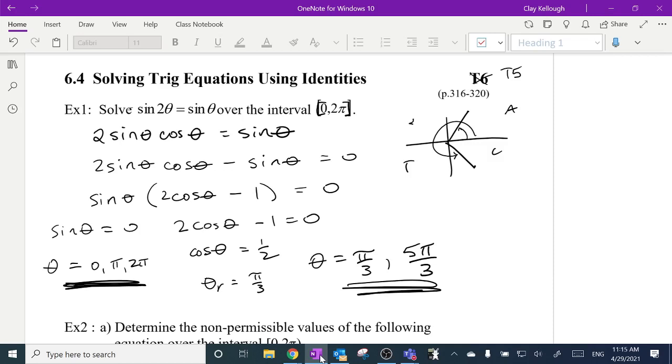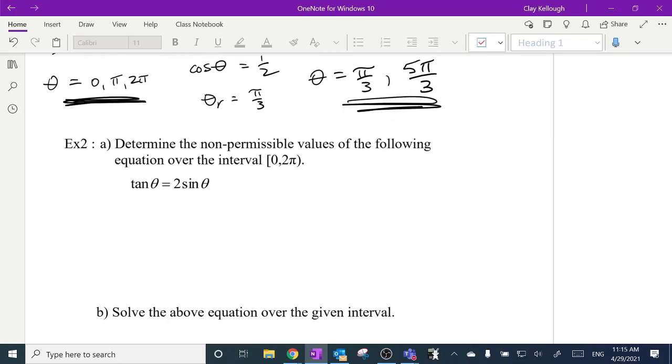All right, example 2. Determine the non-permissible values of the following. All right, so tangent is sine over cos, right? And of course, so that means you can't divide by 0, so cosine of theta, so the non-permissible value, is cosine of theta is equal to 0, which means that the non-permissible value is theta is pi by 2, and oh, look at that, there's the curved bracket, but you don't get that far, that's okay.